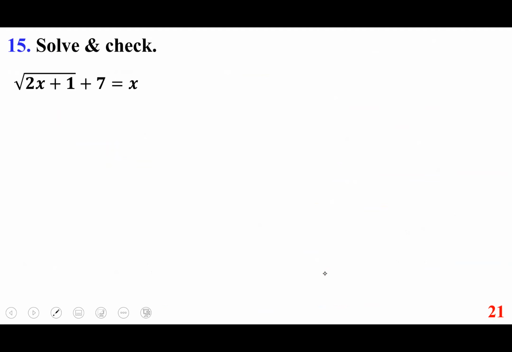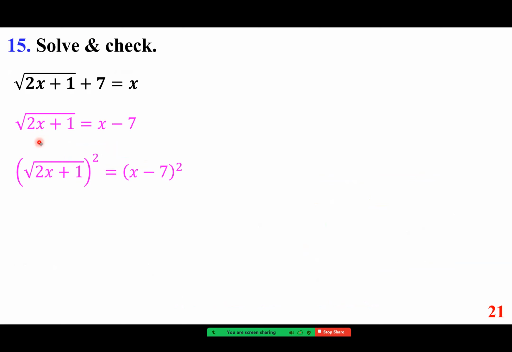All right, we want to solve this one and we follow the same format. We are going to move the 7. That means we want to isolate this square root. We're going to raise both sides to the second power because this is a square root. We want to take it out. This becomes x squared minus 2 times x times 7, minus 14x, and then 49.